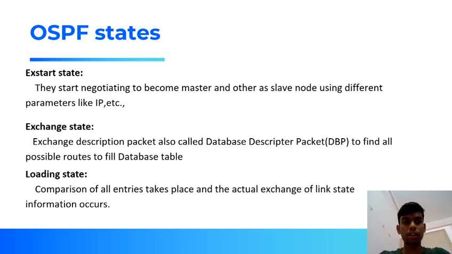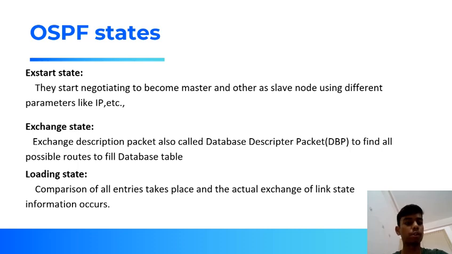After receiving the acknowledgement, both the nodes start to negotiate to become the master and the other the slave node. They use parameters like IP address to choose one as the master and the other as the slave. The one with the highest IP address becomes the master, and the other node becomes the slave.